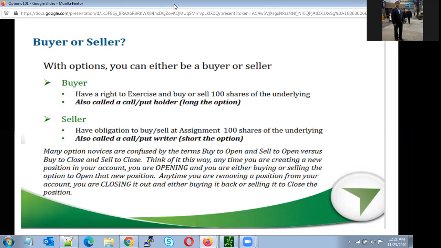The seller is writing something, a contract writer, and has an obligation to buy or sell 100 shares of the underlying stock at assignment. It's also called a call or put writer. So when you are buying a call, you are holding, and when you are selling something, you are writing the contract. When you are buying, you are holding the contract.